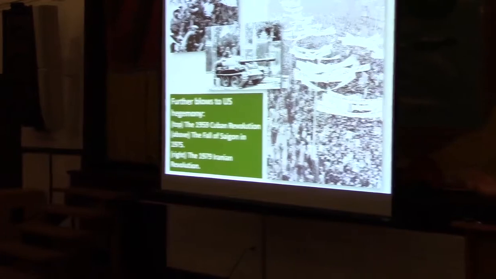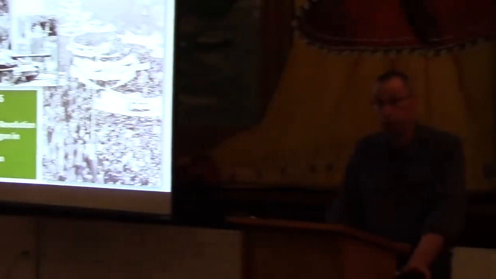The United States' response, of course, under Reagan in the 1980s, is to expand the American military, in particular to re-up the American nuclear capacity. One of the factors, not the main factor, but one of the factors putting increasing pressure on the Soviet Union.